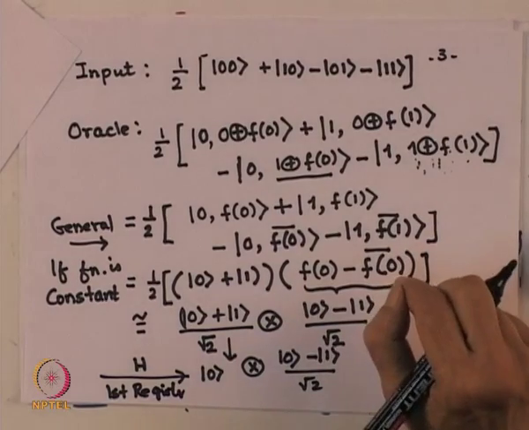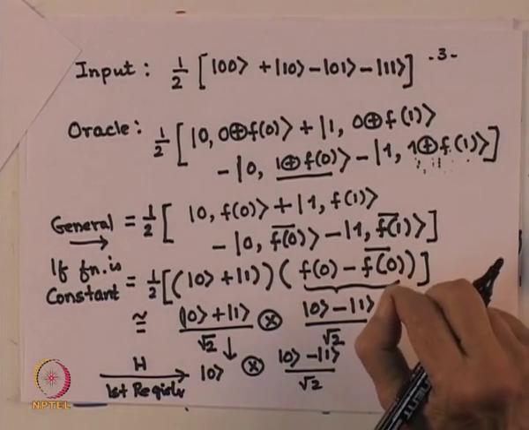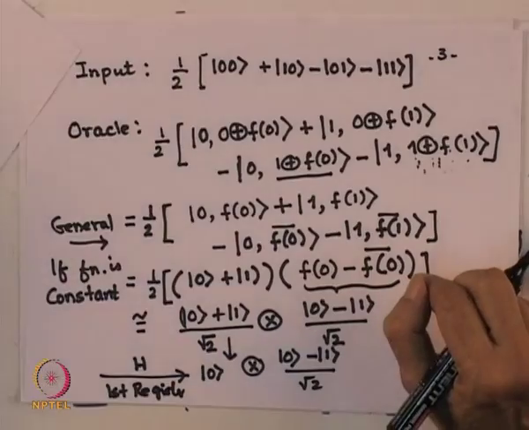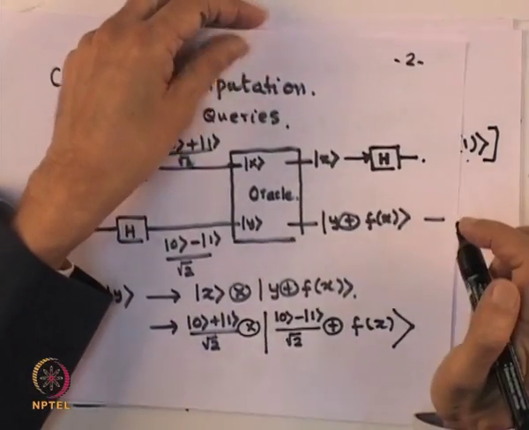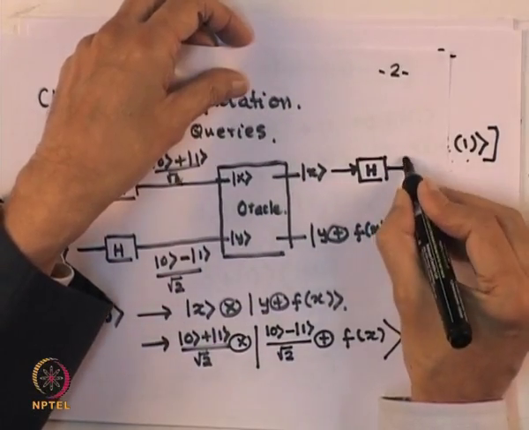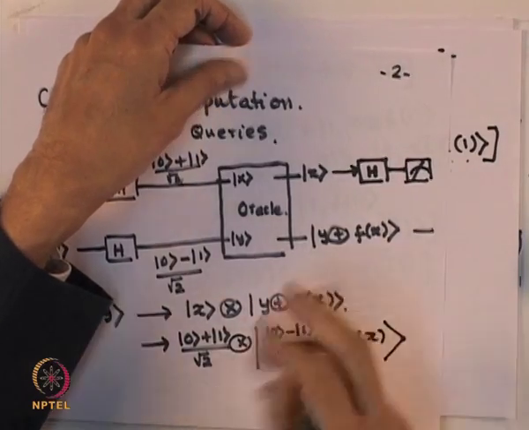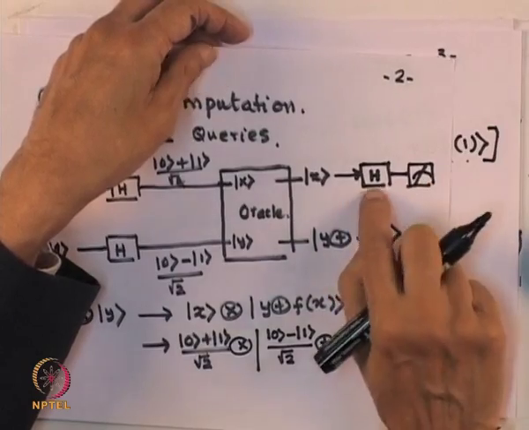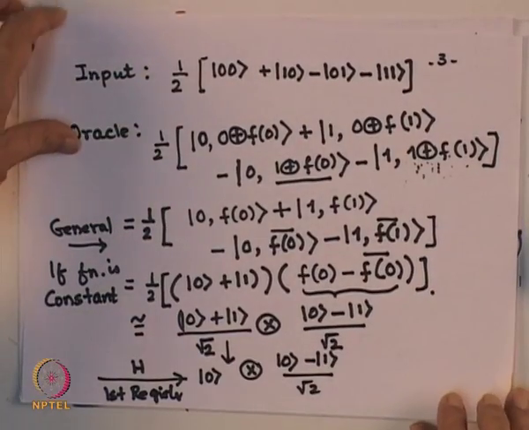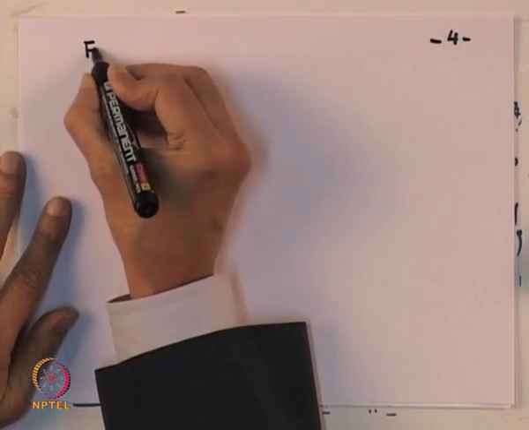So if my function were constant and I pass the first register through a Hadamard gate, and if I now make a measurement, the first register will be found to be in state 0. Now let us see what happens if my function is balanced.